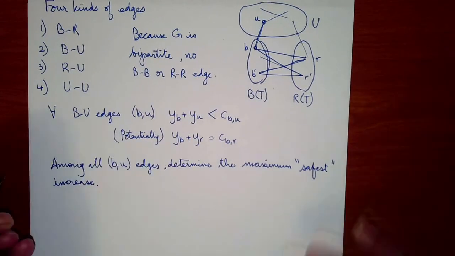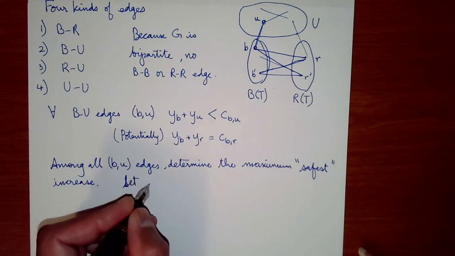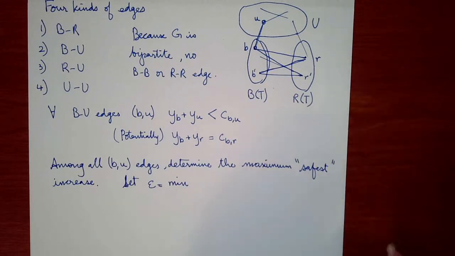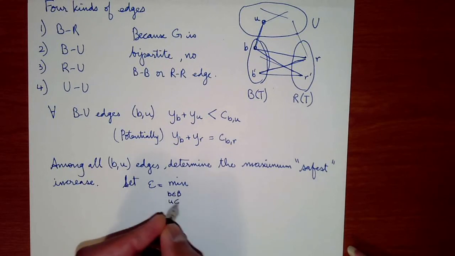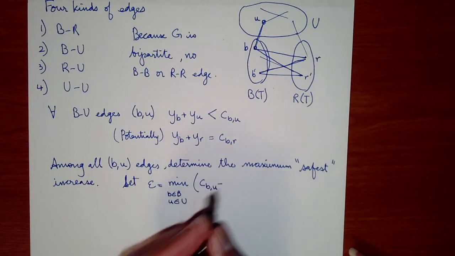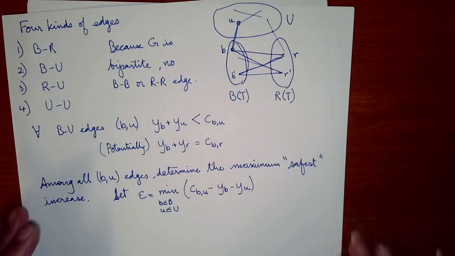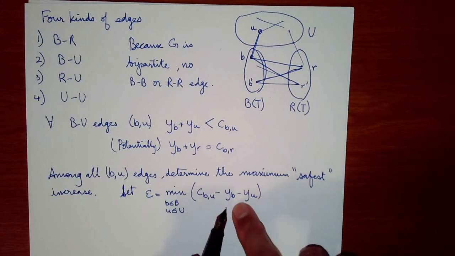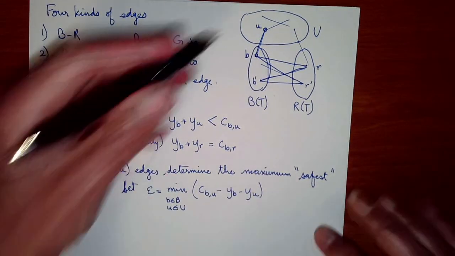So specifically, I'll set epsilon equal to the min over B in B, U in U of CBU minus YB minus YU. Right, so this is how much you need to increase YB to fix this edge, but you can minimize it over all of these edges here.